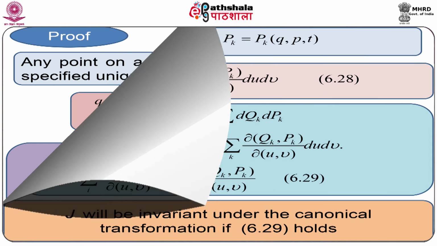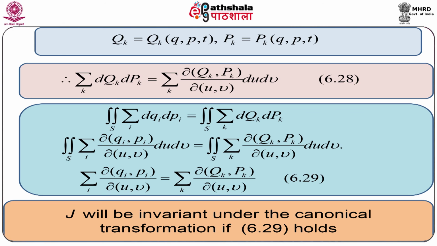Now, consider the canonical transformation given by capital Q suffix k, which is a function of generalized coordinate q, generalized momentum p and time t. Similarly, capital P suffix k is a function of small q, small p and time t.